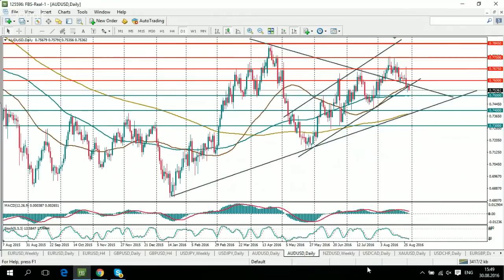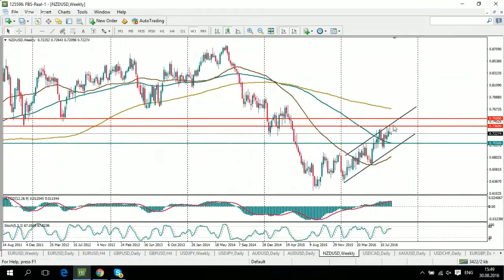And just maybe a couple of words about some other currency pairs. New Zealand dollar: the weekly chart shows that serious resistance is at 0.7360. Bearish candle on the weekly chart.